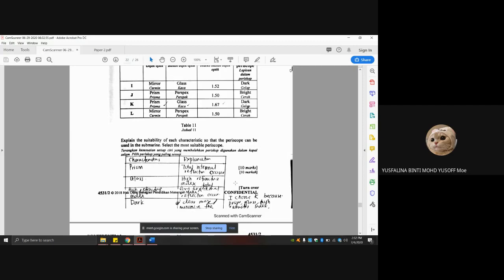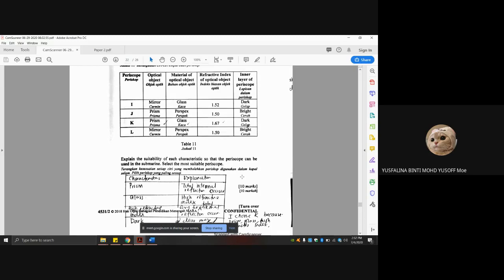The light travels inside the prism, so the prism must have higher density compared to the surrounding, so the light can reflect back using total internal reflection.